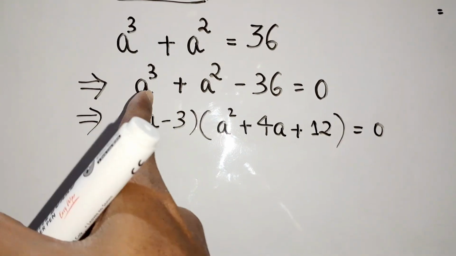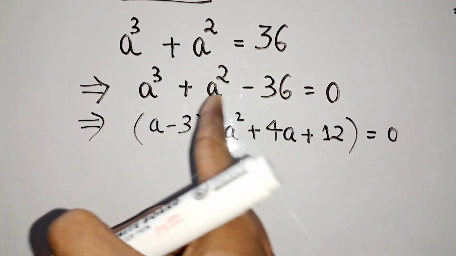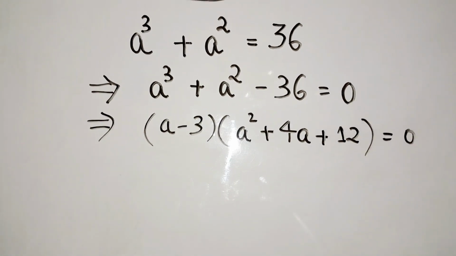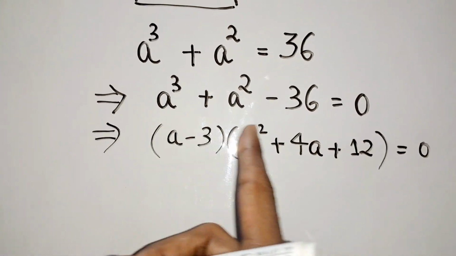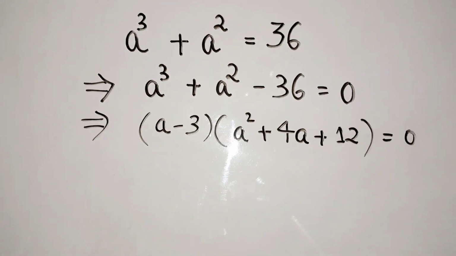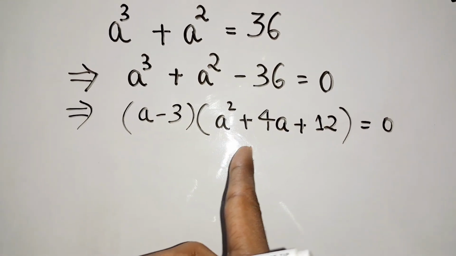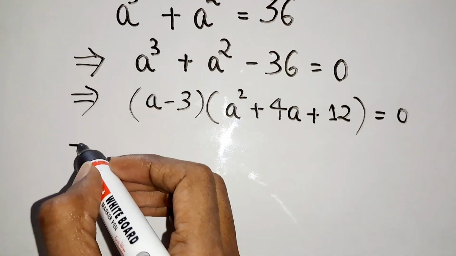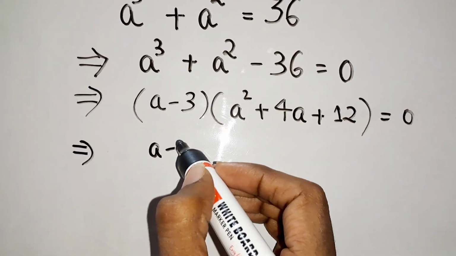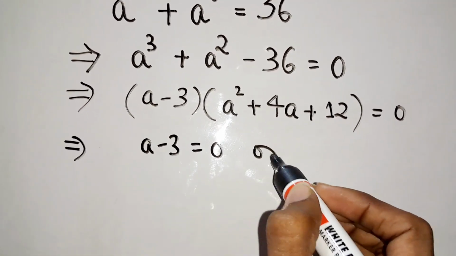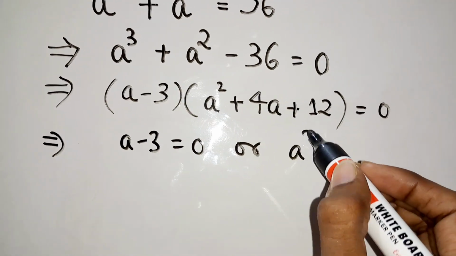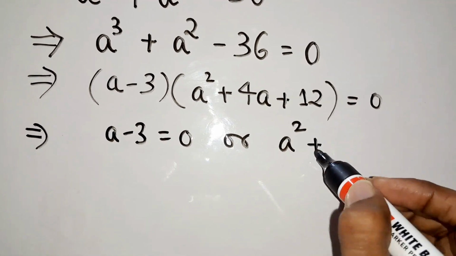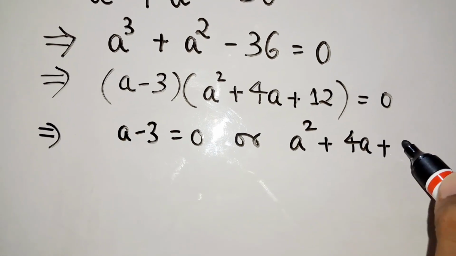First we used the trial and error method to find that a equals 3 satisfies, and then we factorized via long division, getting a minus 3 multiplied by a square plus 4a plus 12. Now our work is simplified easily. So it is a minus 3 equals 0 or a square plus 4a plus 12 equals 0.